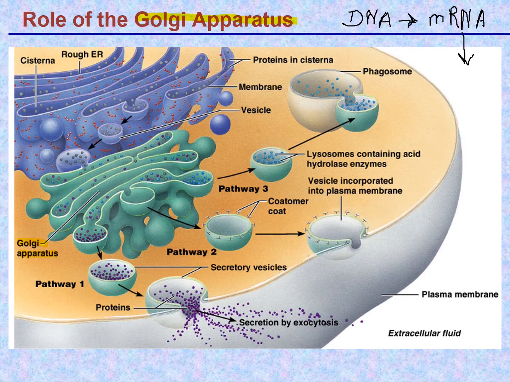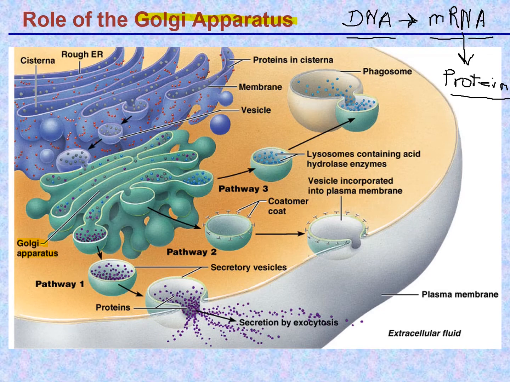The information in the messenger RNA is used to form a specific protein. That process is called translation. So information goes from the DNA to messenger RNA to protein as it moves from the nucleus into the rough endoplasmic reticulum to the ribosome, where it forms a particular protein.